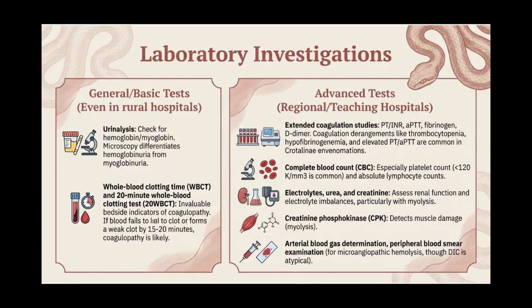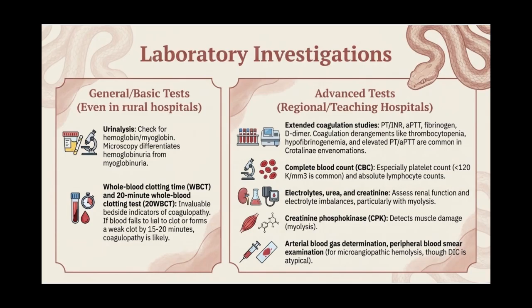A complete blood count is also essential, particularly focusing on platelet counts and absolute lymphocyte counts. Thrombocytopenia, defined as a platelet count less than 120,000 per cubic millimeter, frequently occurs in such cases. Additionally, it is important to evaluate electrolytes, urea, and creatinine levels to assess renal function and identify any electrolyte imbalances, especially in cases involving muscle breakdown.